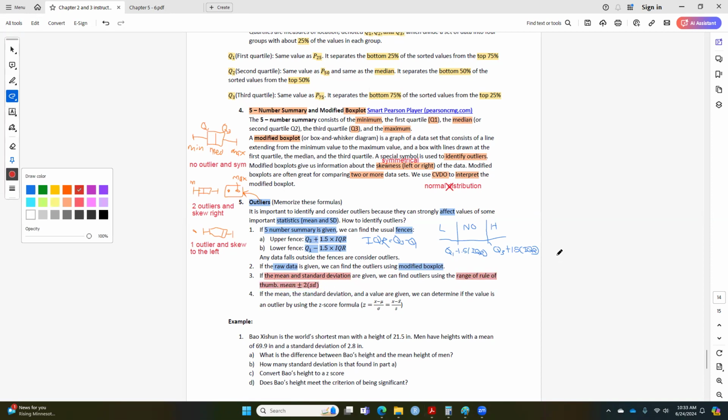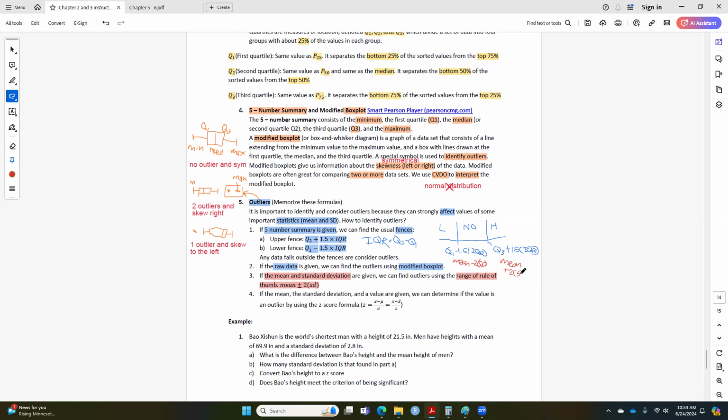What's the difference? A lot of students get these two confused. The blue one that you see highlighted is using the 5-number summary. The one in red is the range rule of thumb, where we use the mean minus 2 times the standard deviation, and the mean plus 2 times the standard deviation.